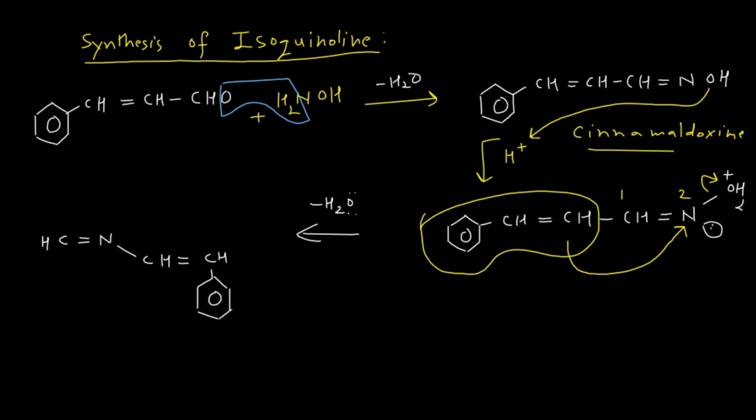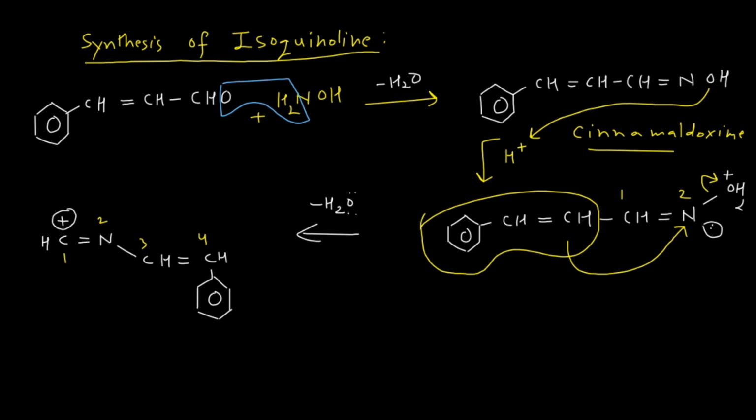This is how you can make it. Now this carbon is positively charged because it is trivalent, right? Always please remember, the carbon from where the group is migrating will always get a positive charge. So the positive charge is here. For simplicity I can write this is 1, this is 2. Now this is 3 and this is 4. There is no problem in that. Okay, so this is how you can form it.